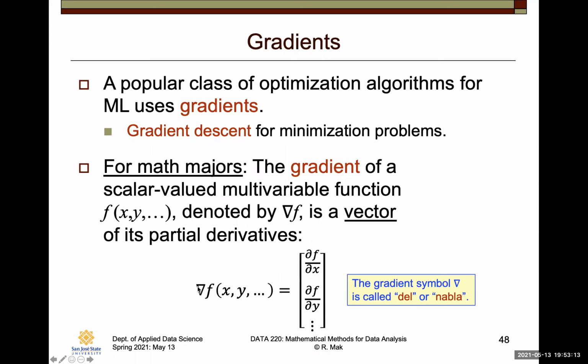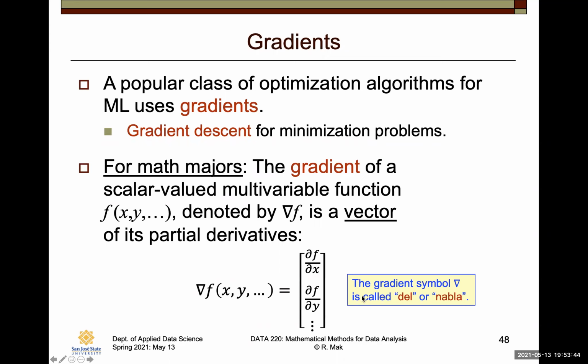The del operator always gives you a vector for a function, and if it's a function of say two variables, then this vector will have two entries, and if it's three variables, three entries, and each entry of this vector is the partial derivative of the function relative to each of the variables.